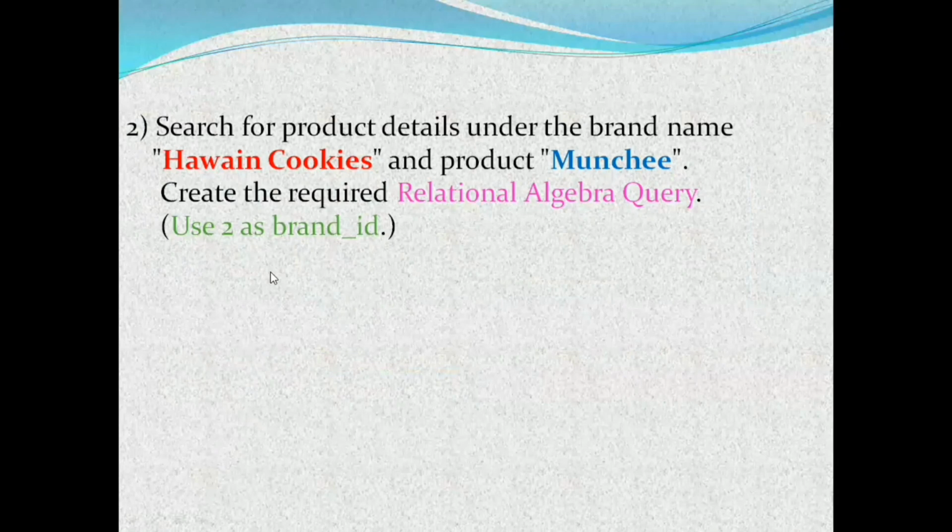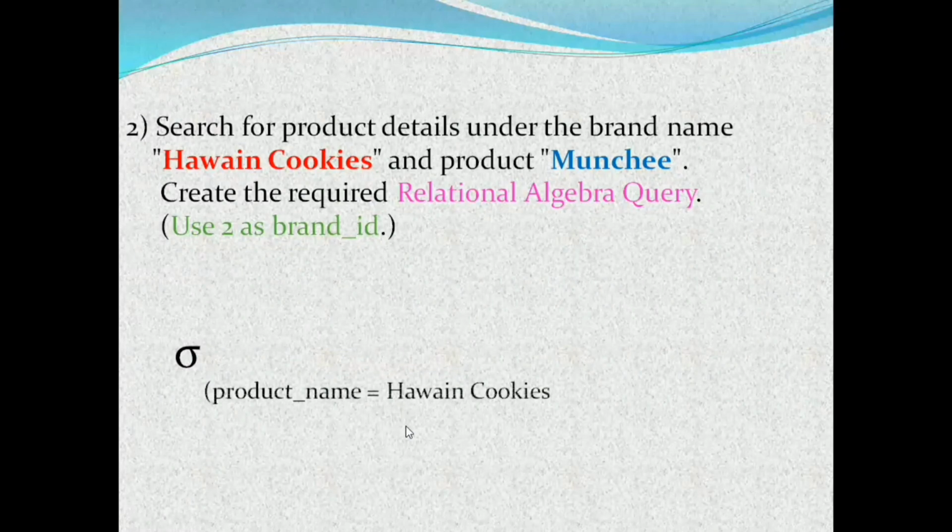That is a kind of propositional logic formula. Use the sigma symbol, and now we have to get 2 conditions: the product name and the exact brand. First we want the product name equal to Hawaiian cookies. That is one condition, and we have another condition.